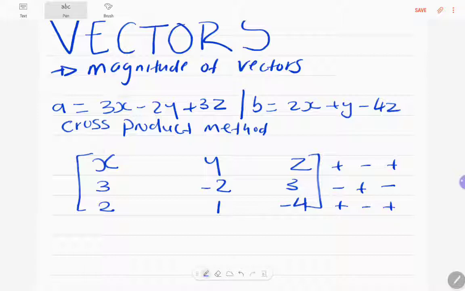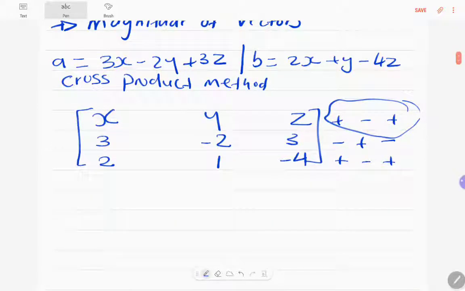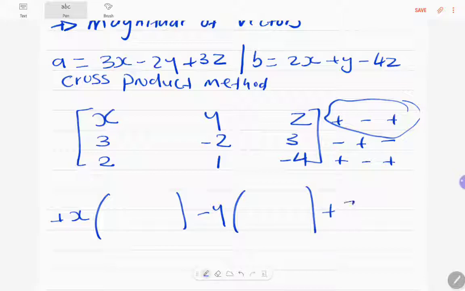So if you choose the top part, you have to take this. In other words, I would have plus x, I would have minus y, and I will have plus z. I come to x. This top part is going to be cancelled.